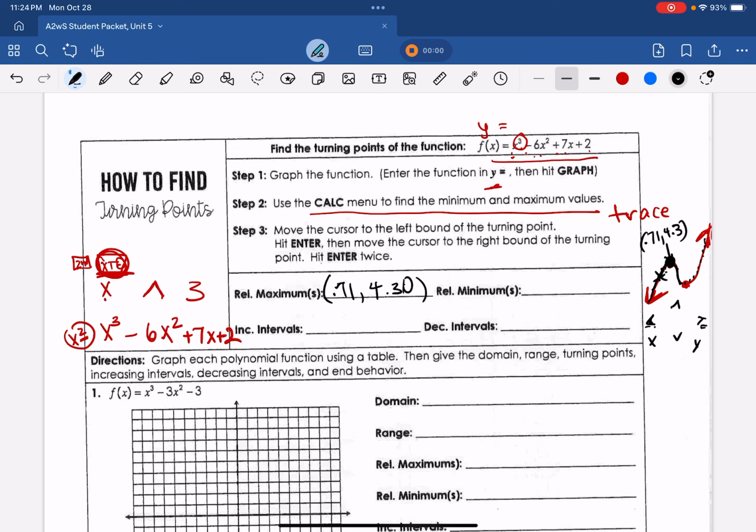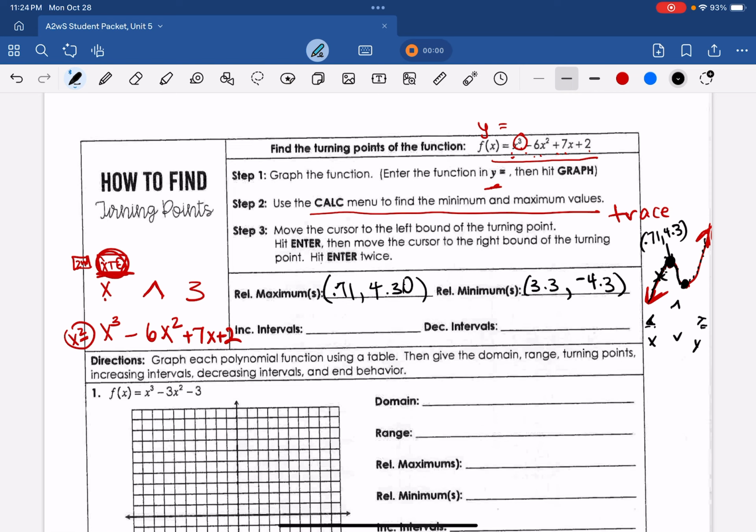All right, you can keep arrowing over with your cursor and go to that relative minimum down there, and it's somewhere close to 3.3. And then the y-coordinate is negative 4.3 as well, okay? So anything close to that would work.